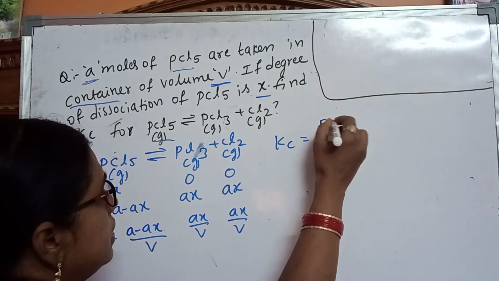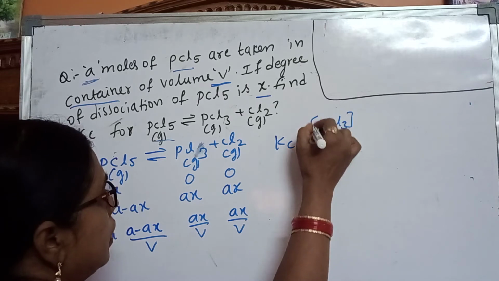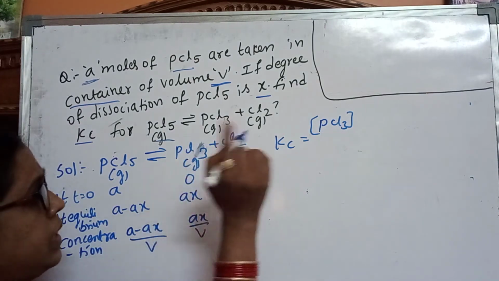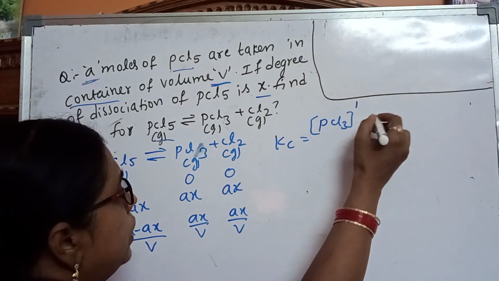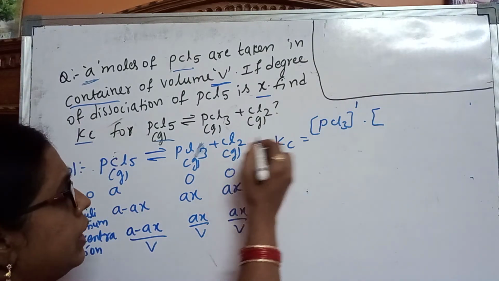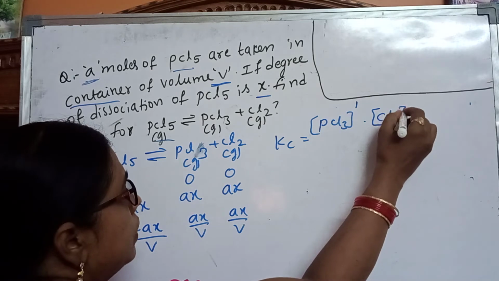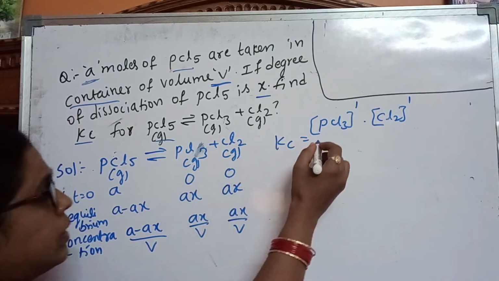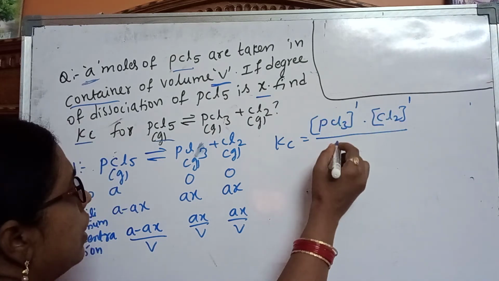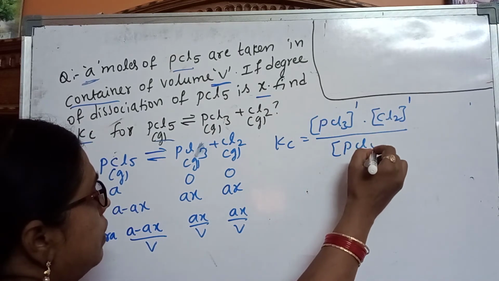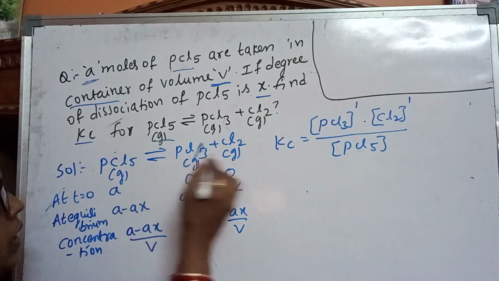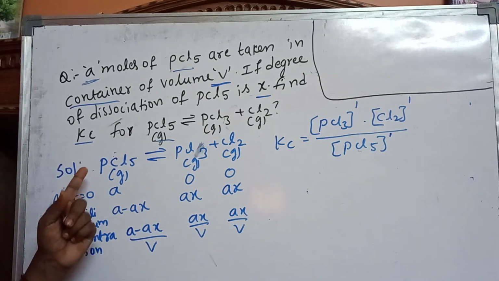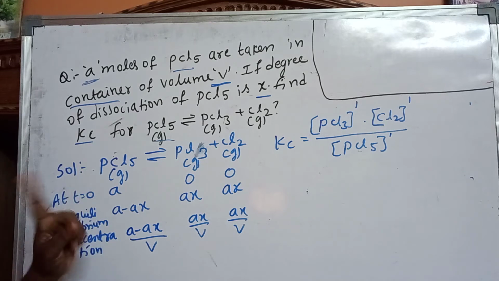The concentration of PCl3, whose stoichiometric coefficient is 1, so to the power of 1, and the concentration of Cl2, where the square brackets indicate concentration, again to the power of 1. By the concentration of the reactant, PCl5, to the power of 1, since the stoichiometric coefficient here is also 1.